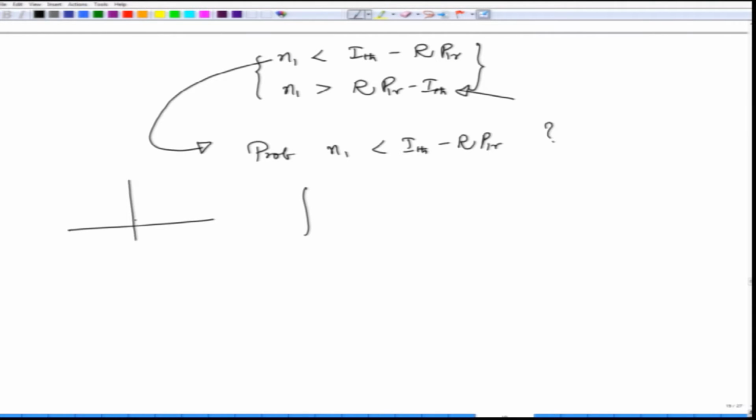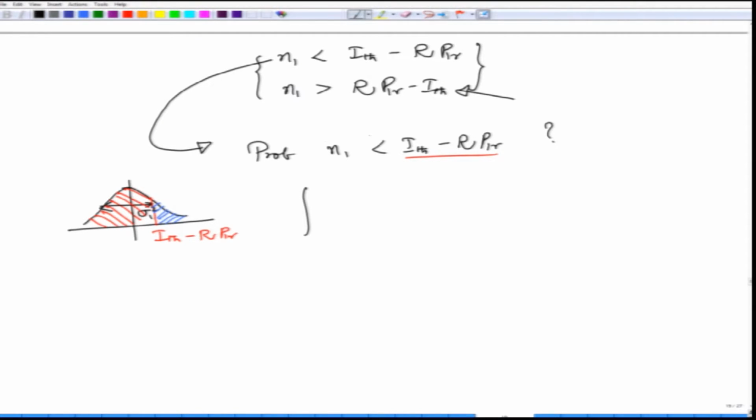If I look at the probability density function for bit 1, it will have a variance of sigma 1 square, okay, and the area that you are looking for is when the noise is less than this particular value. So, let us call this value I_TH minus R P1R, and you are looking for the area under this one. But the area under this is equivalent to finding the area here, and then subtracting from 1.